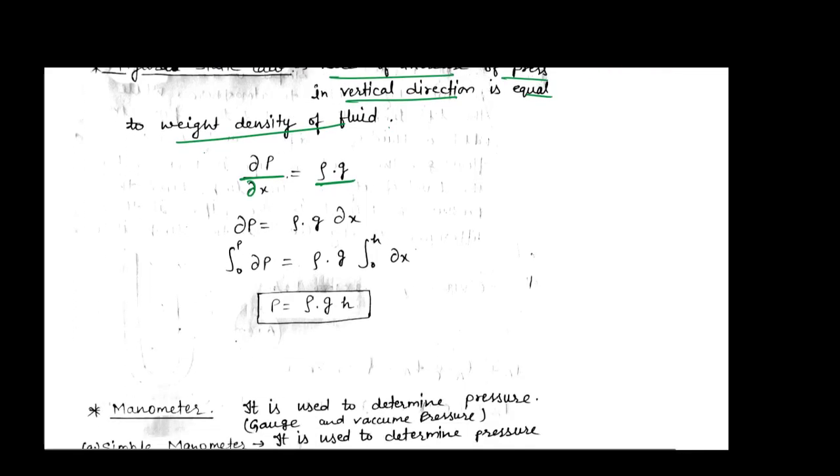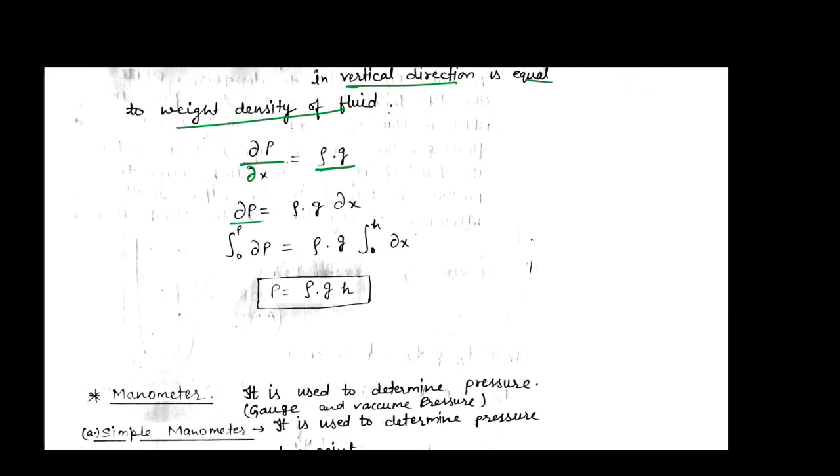So now further solving it, delta p is equal to rho g into dx. By integrating to its limits on both sides, on the left hand side, p ranges from 0 to p. Initially its value will be 0 and it can go maximum to p, and in case of x it can go from 0 to h, maximum height h.